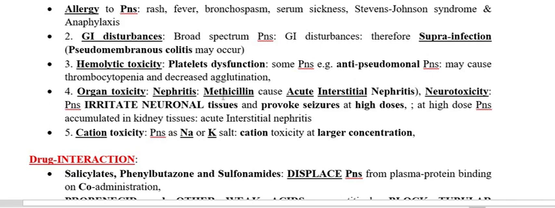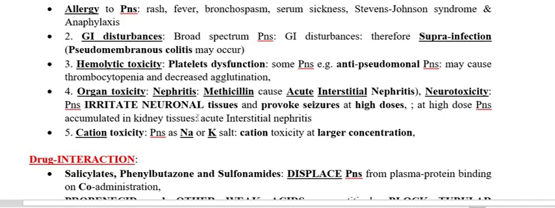Methicillin at high concentration gets deposited in the interstitial part of the kidney, and therefore produces acute interstitial nephritis. As far as the neurons are concerned, penicillin is going to irritate the neurons, and therefore it provokes seizures.